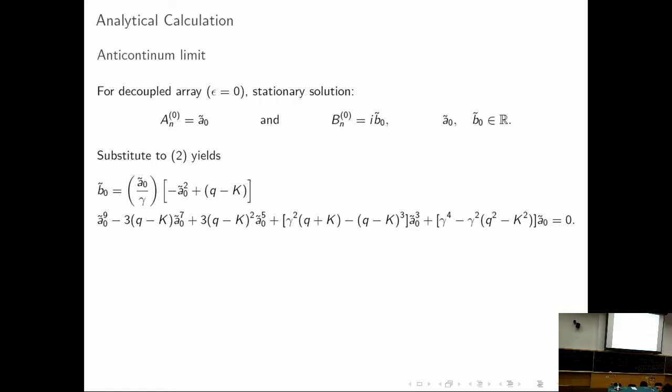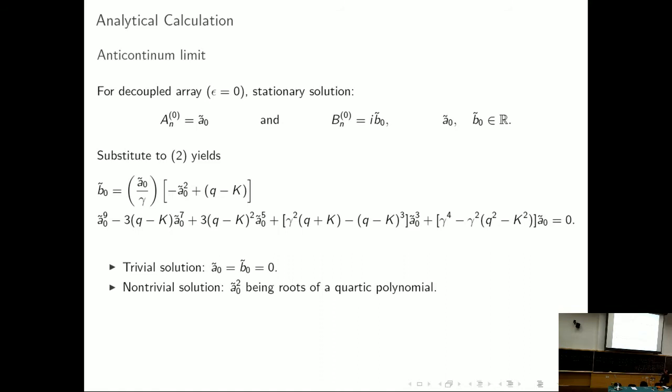And then if you substitute into the equation, the original one without the z derivative, then you get a quartic equation in a0 squared, because you take a0 outside, you get a0 to the power 8, a quartic polynomial. So the trivial solution is the zero solution, but we are interested in non-trivial solutions. And of course for a quartic you can find an exact expression, but we don't go into that further because it's very complicated. So again we use perturbation.